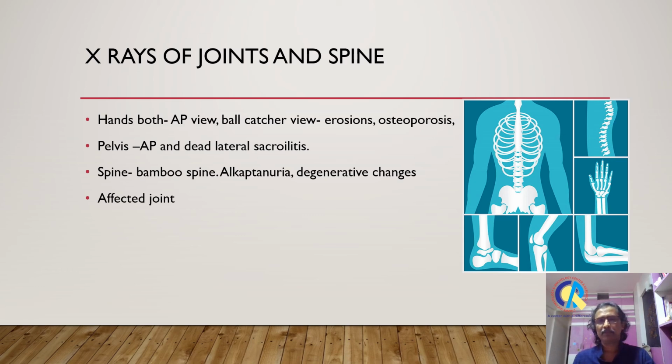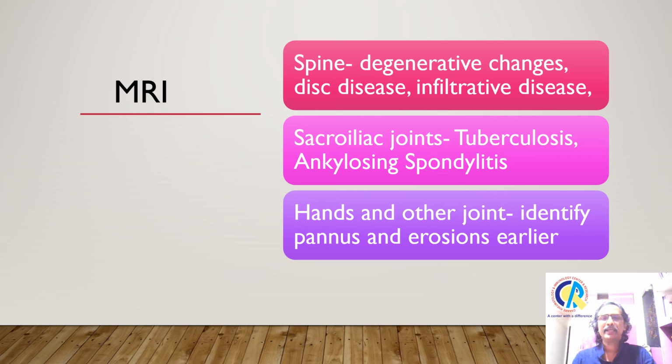Affected joints will help us to consider osteoarthritis and also help in understanding the extent of damage. MRI can help, especially with reference to the sacroiliac joint, whether sacroiliitis is present. It can help to differentiate tuberculosis from ankylosing spondylitis, but sometimes it may be very difficult to differentiate even through MRI.